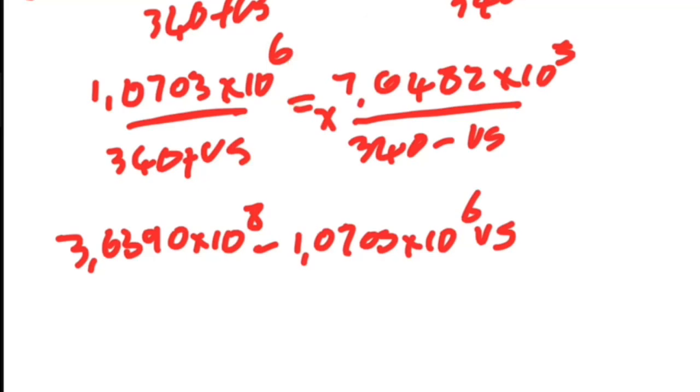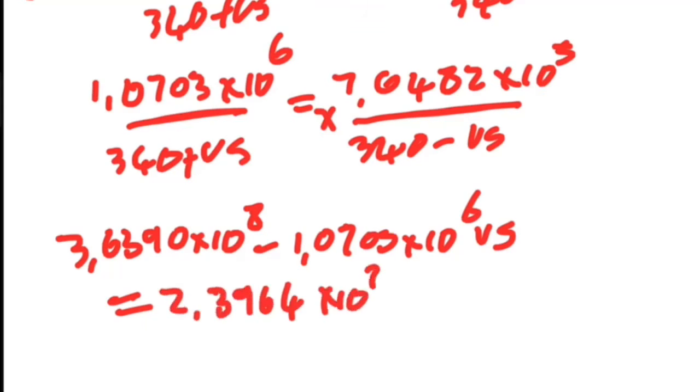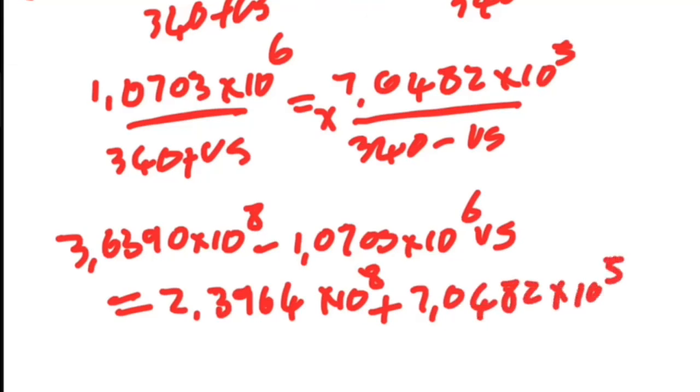So let me go ahead and do that. That will all be equals to, so 340 multiplied by 7.0482 times 10 to the power 5. So this is 2.3964 times 10 to the power 8, and then plus 7.0482 times 10 to the power 5.